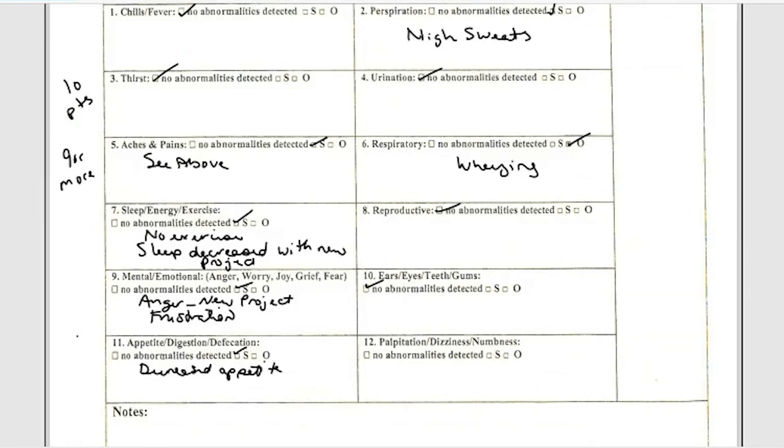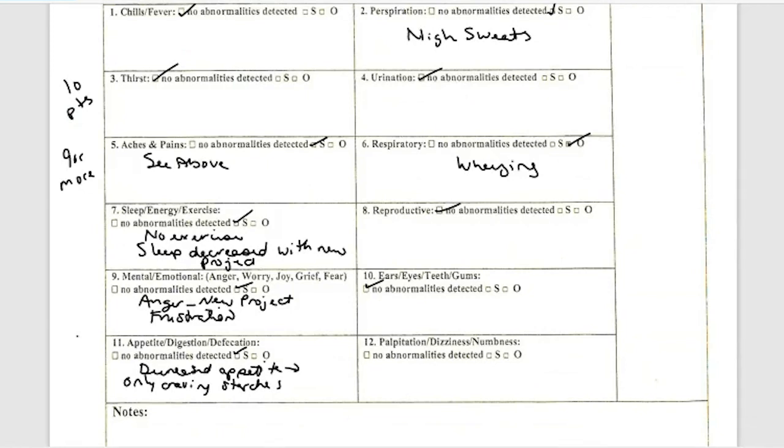Maybe there's more information. Only craving starches. I don't know, just saying. Palpitations, dizziness, numbness. You ask them and they're like, actually, matter of fact, I am getting palpitations. Easy 10 points right there.